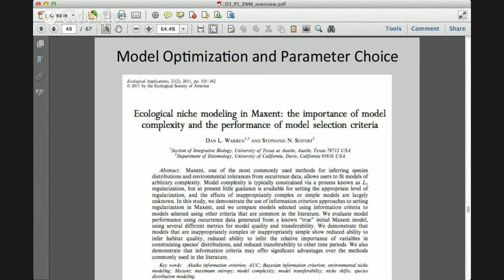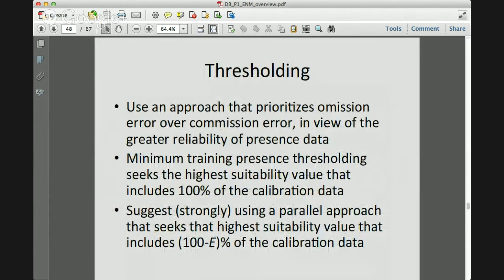There's a whole unit in the niche modeling course about thresholding, but essentially the steps are to choose an amount of omission error that you can tolerate, and this is related to that E parameter I mentioned earlier.